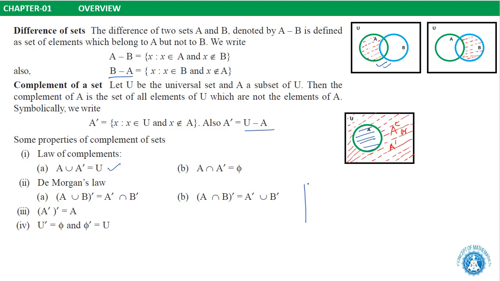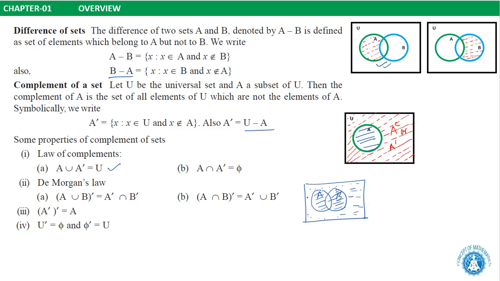Let us take it in a visual way, that is a Venn diagram. This is A union B. Suppose A and B, the complement of this one will be this region.